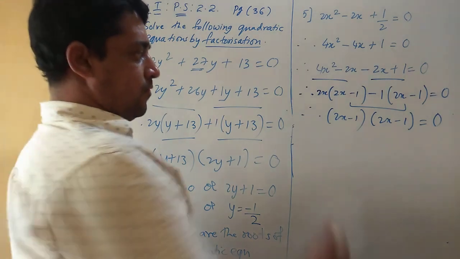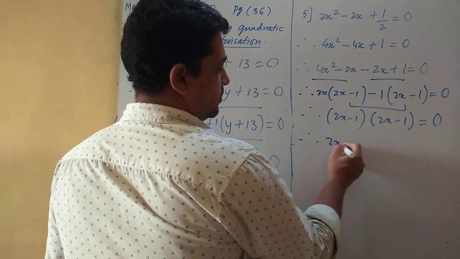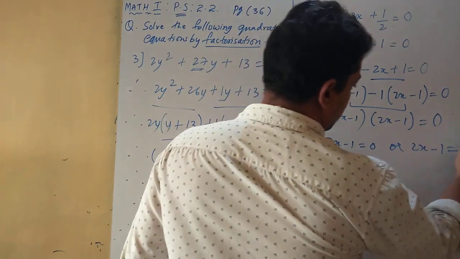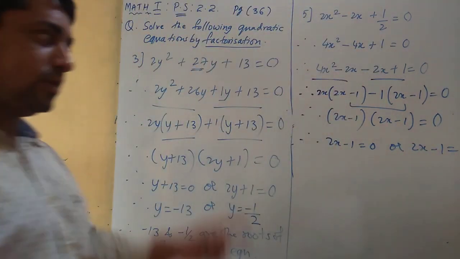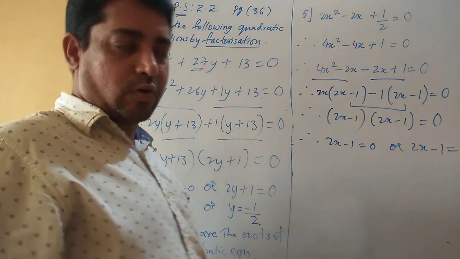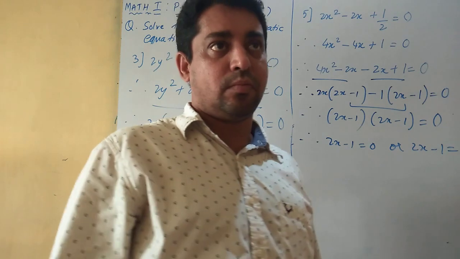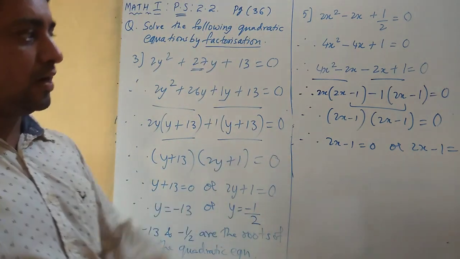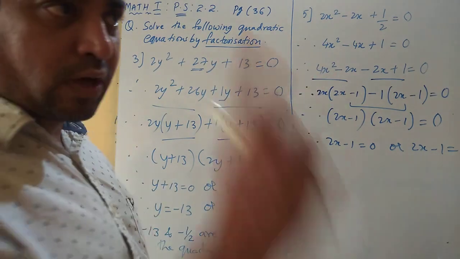That's it. Therefore, I can give it 2x minus 1 equal to 0, or I can write it down 2x minus 1 equal to 0. That means you are getting the same solution here. Both your solutions will be the same. We are getting different values, but here we will be getting only one solution.